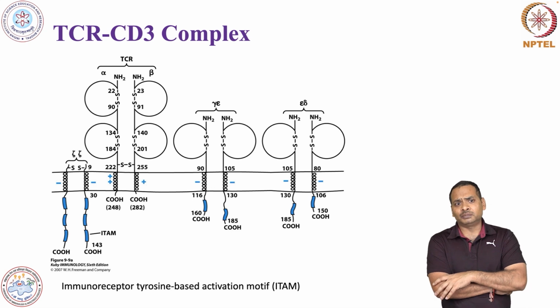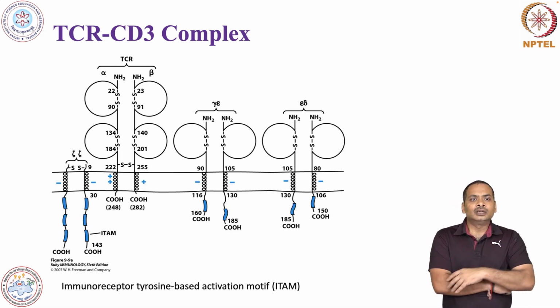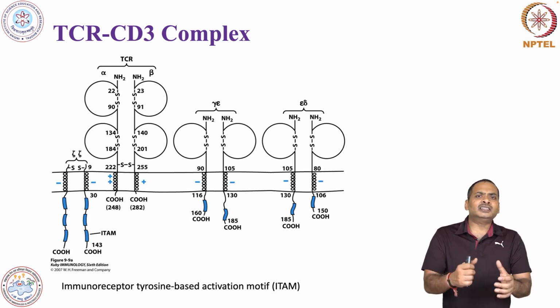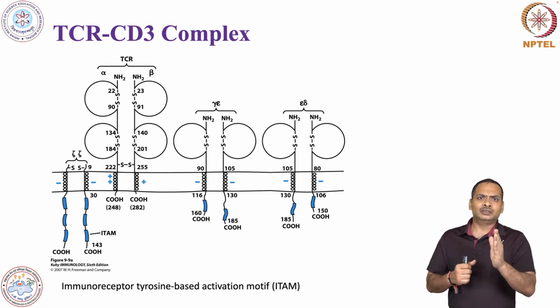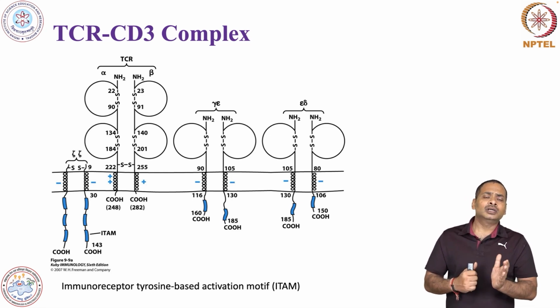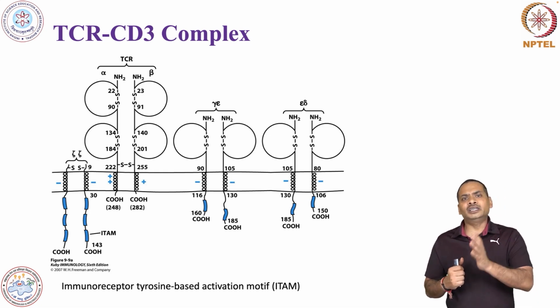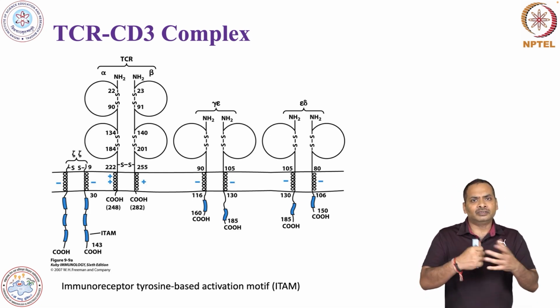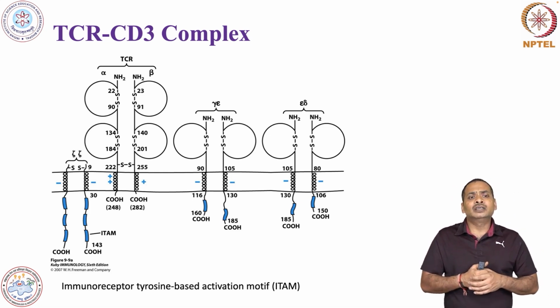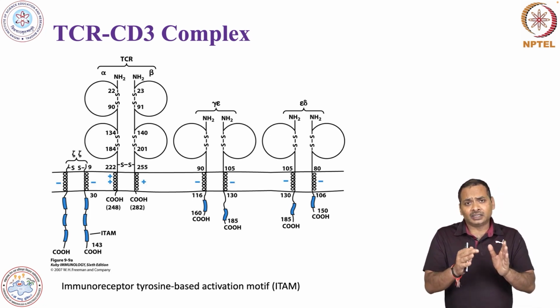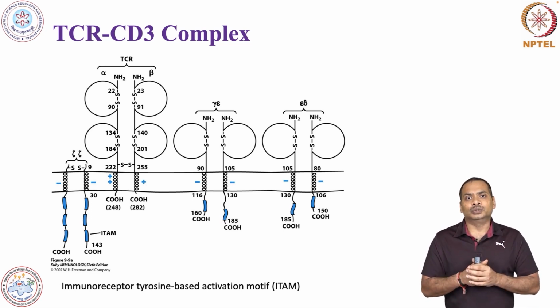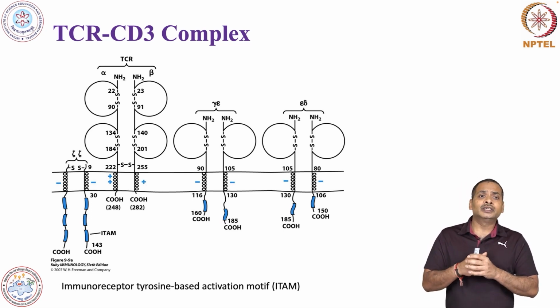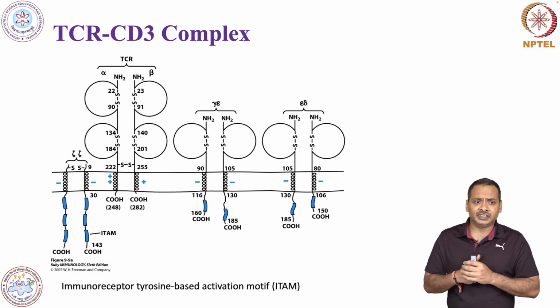TCR CD3 complex. Okay. Try to understand TCR consists of alpha chain and beta chain or gamma chain and delta chain. Okay. I will show you in a subsequent slide, and this TCR, either alpha, beta or gamma, delta, is always associated with the CD3 molecule, and the CD3 molecule consists of various chains.